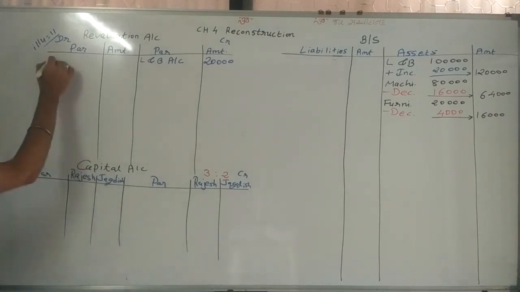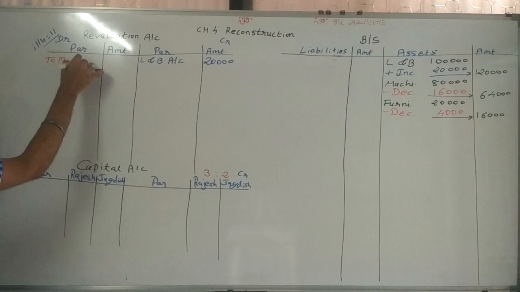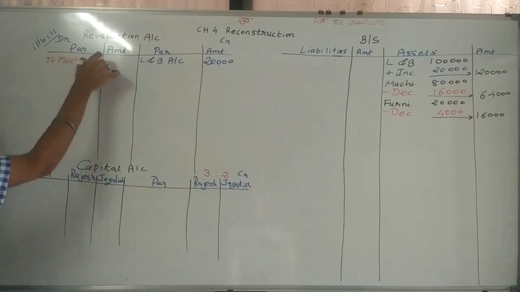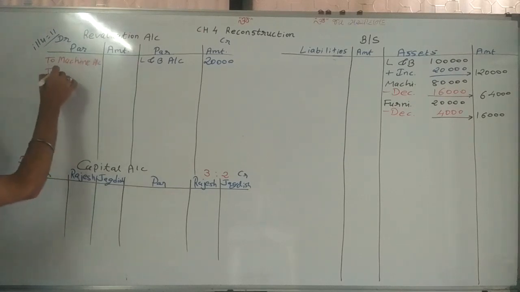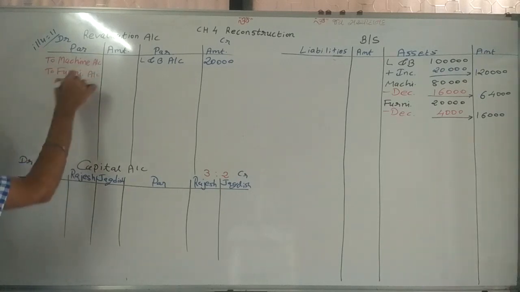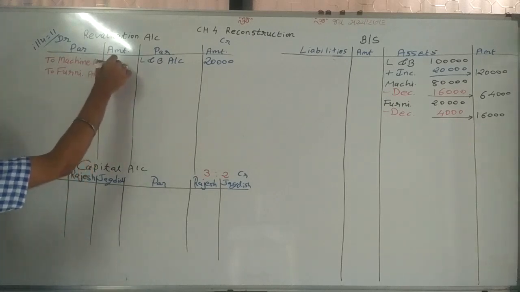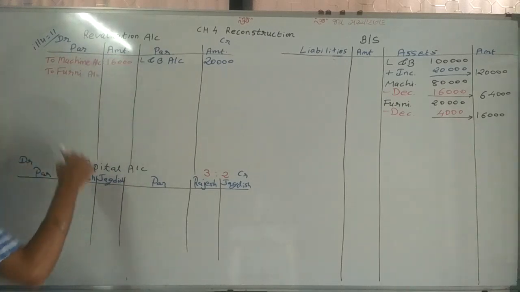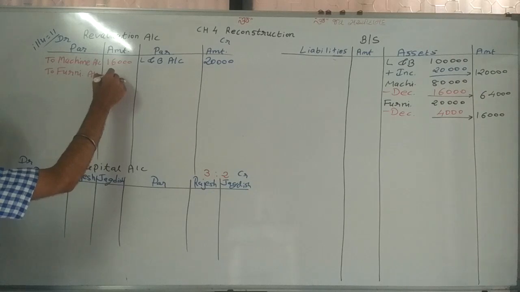So, sir, machine account to machine account. Same way, sir, to furniture account. Machine account 16,000 and furniture account 4,000.